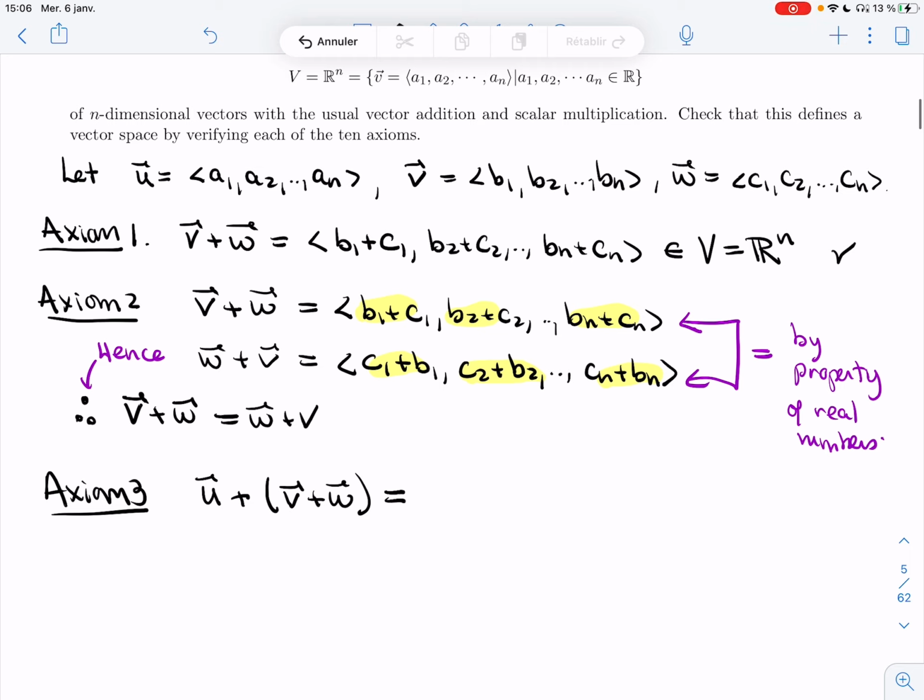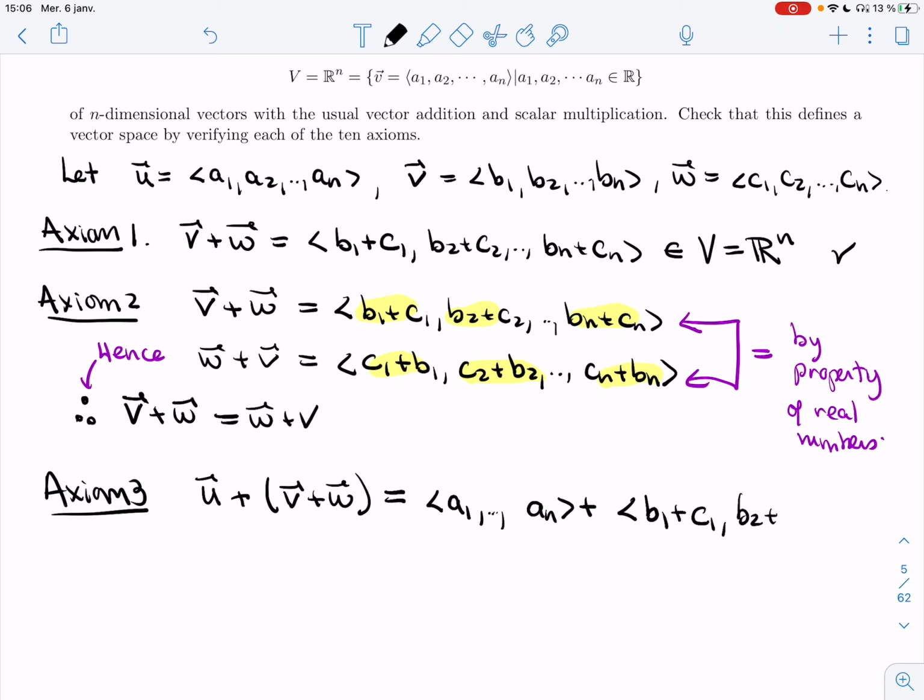I'm going to leave u out here, and then I'm going to add v and w, which I've already done a bunch of times, so let me just add that. And then I'm going to add these. So I'm going to get the first entries, a1 plus the whole thing I had here. So I'm going to place this here. I'm going to need parentheses to make it precise.